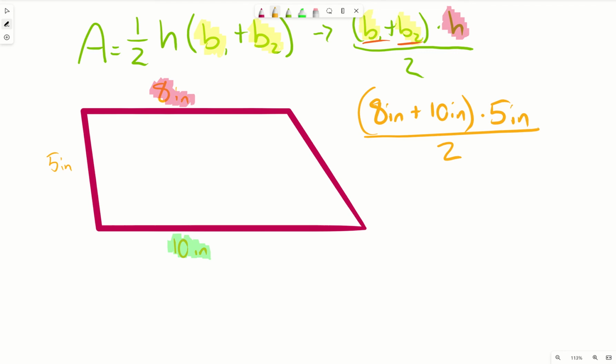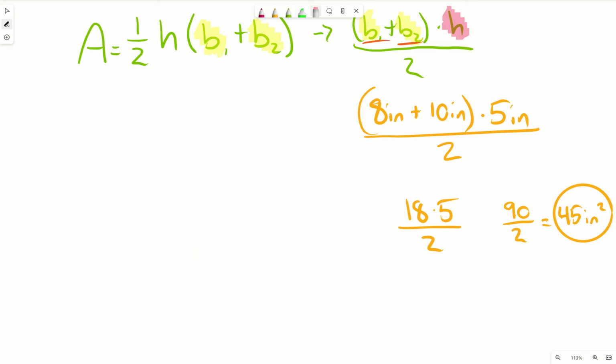All right, so I've got 8 plus 10, which is 18. So I'm going to rewrite this as 18 times 5, all divided by 2. 18 times 5 is 90. 90 divided by 2 is 45 inches squared. And that would be my area. Okay? Add up the bases, multiply by the height.